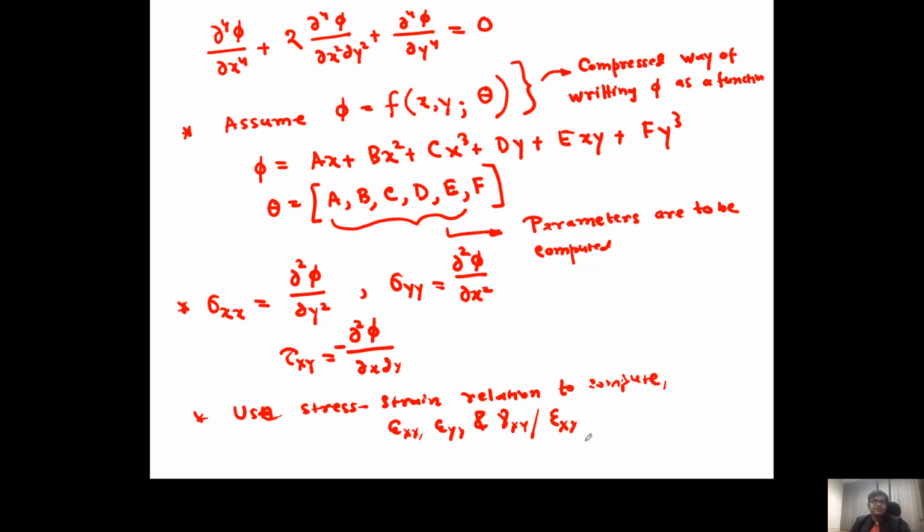So we assumed phi, which is unknown. So there are some parameters which are unknown. Then we computed sigma again. So sigma will be in terms of the parameters. So for example, if I use this equation and compute del 2 phi del y2, what will I get? Del 2 phi del y2 is nothing but 6fy, right?